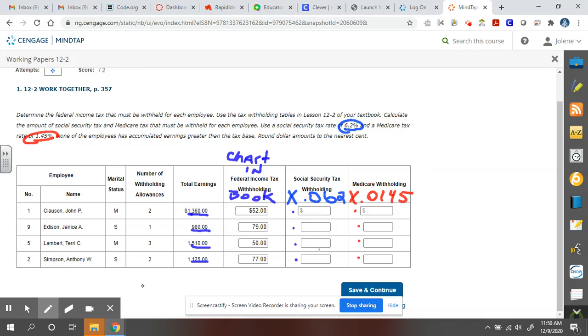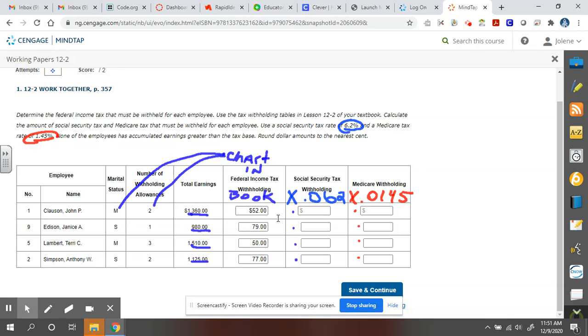Each one of these numbers is based on total earnings. The chart in the book needs to know how many deductions, and it needs to know the marital status, because you have to use the right chart. Okay? I hope that makes sense.